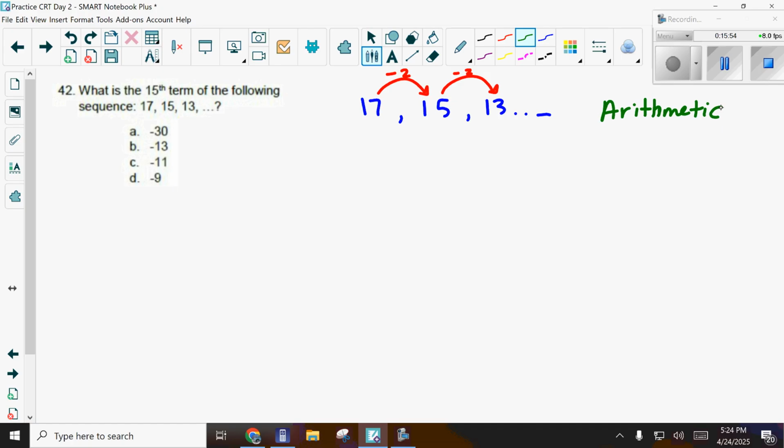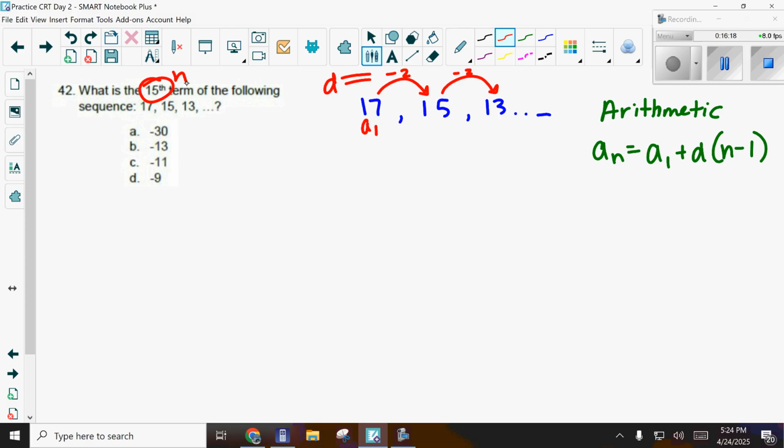If I want to find the 15th number of the arithmetic pattern, it looks like this. AN equals A1 plus D, n minus 1. So this -2 is the D. This is A1, and n, that's this guy.